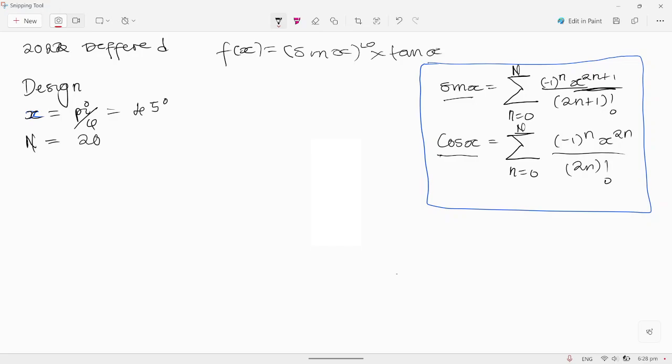But from these two, we can get tan x, because we basically know that tan x is just equal to sine x over cos x.